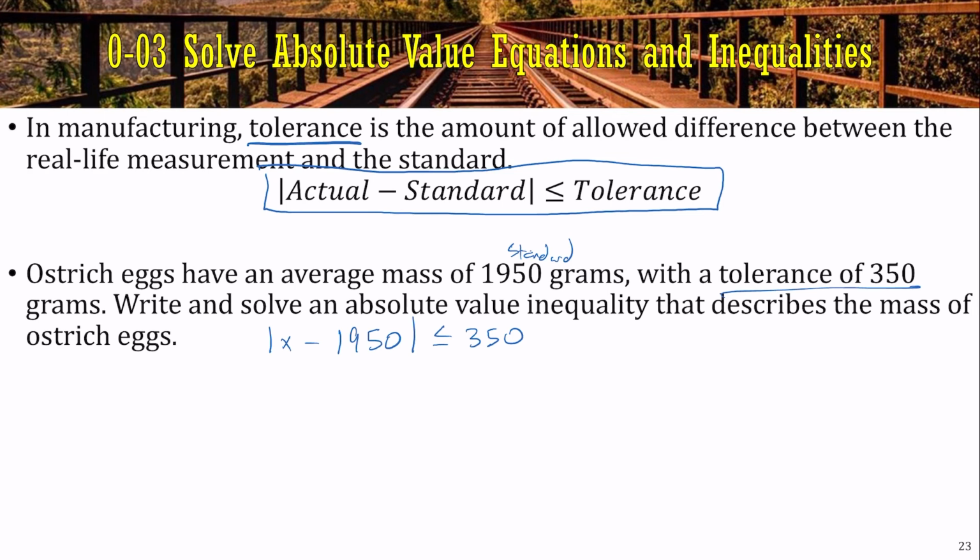So now we just have to solve. First inequality, absolute value stuff is positive. Or the second inequality, the absolute value stuff is negative.